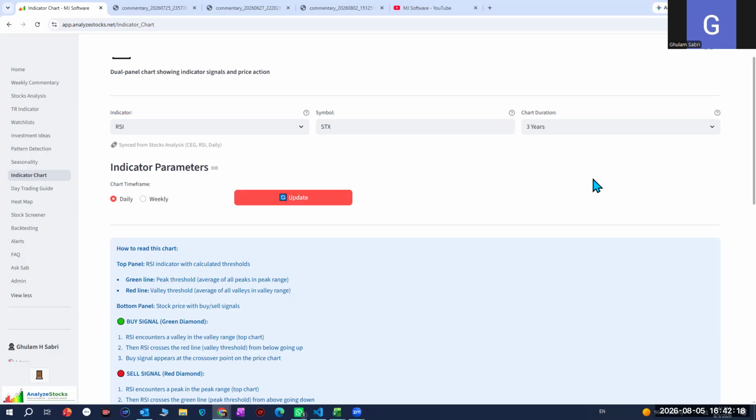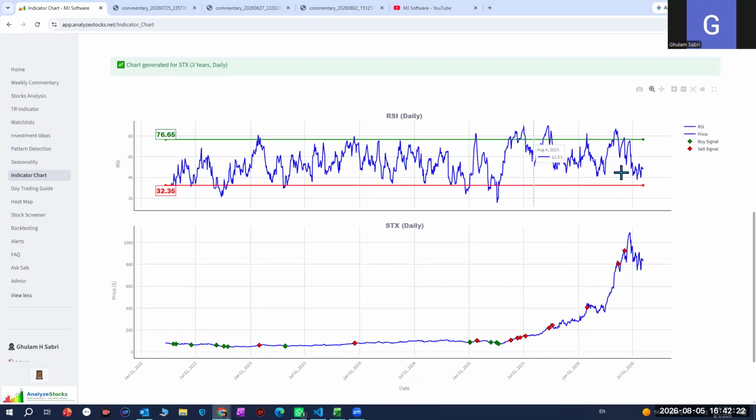According to this RSI strategy, what are the upper and lower thresholds? It's telling me that when RSI comes above 76.65, it becomes overbought, and when it comes below 32.35 in case of Seagate, then it's time for reversal. Right now it's getting close to this level, but it is not time for reversal.